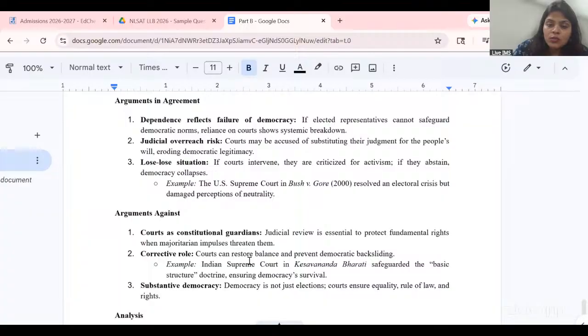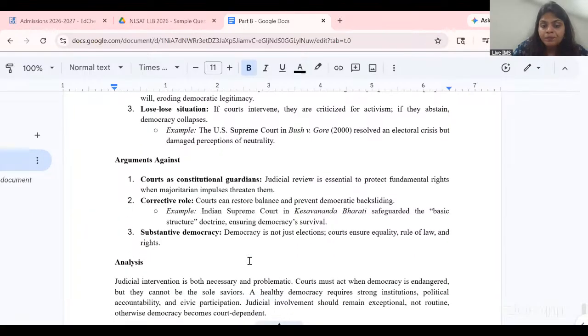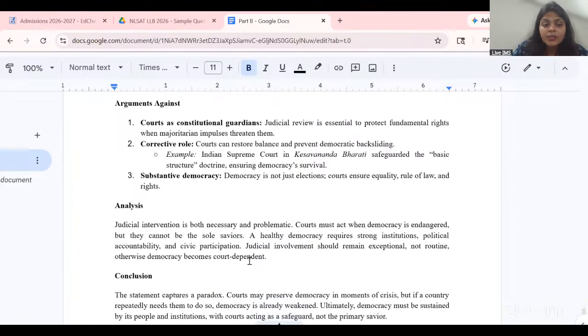Here, if you know certain incidents associated to the point that is being asked, let's say any case laws, any particular incident, you can put it in the form of example, because that will bring more credibility, that will bring more understanding. So putting certain events in the form of example is again going to be something great for you. But if you don't know, that's all right.